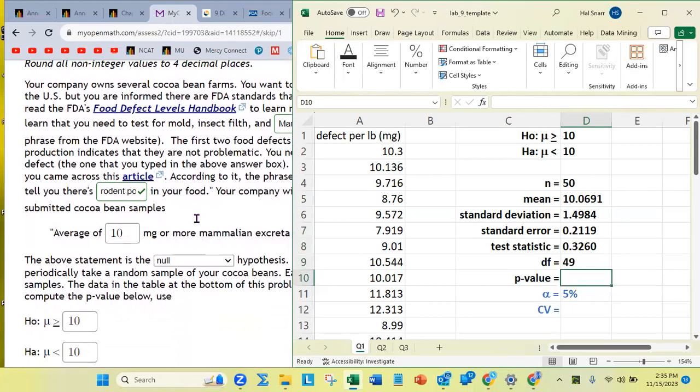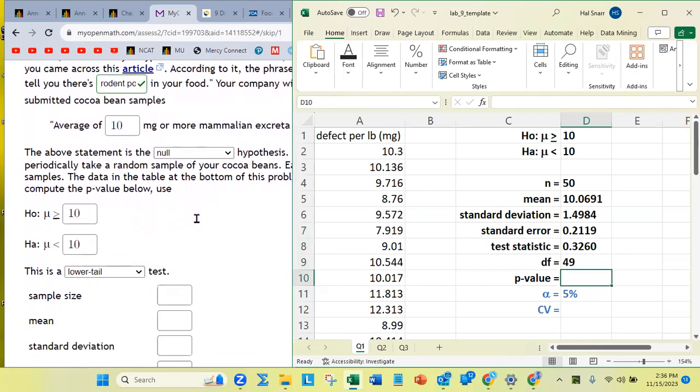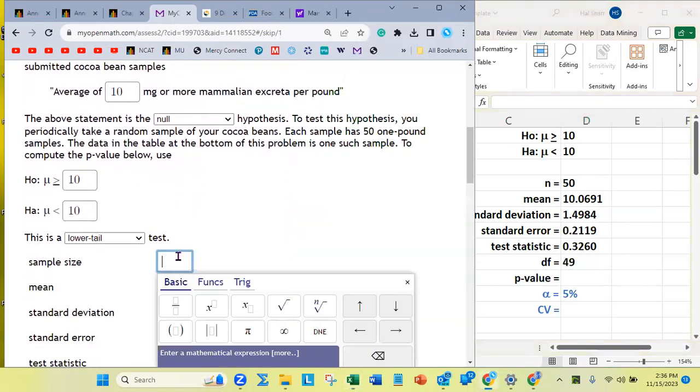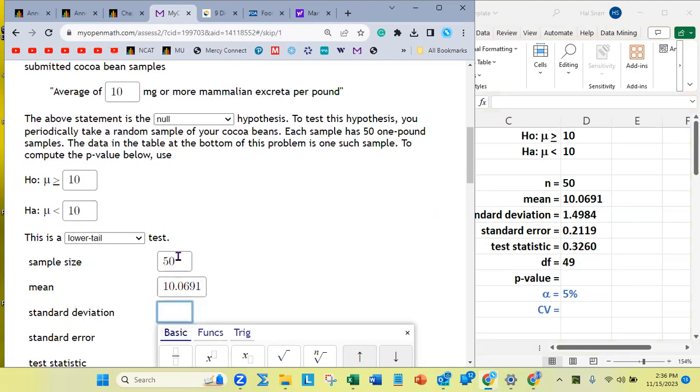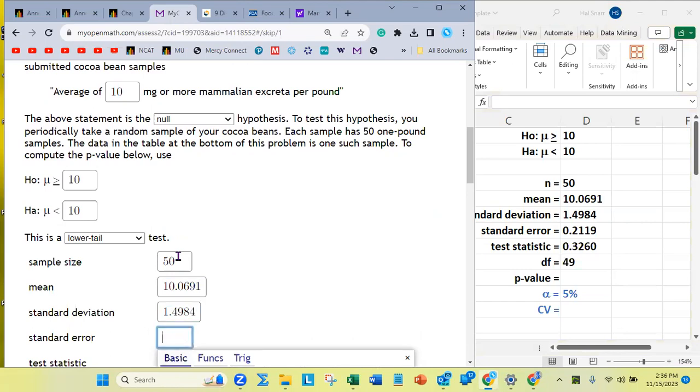Let's go through and make sure that we got these answers correct. The sample size is 50. My mean is 10.0691. The standard deviation of my sample is 1.4984. My standard error is 0.2119.